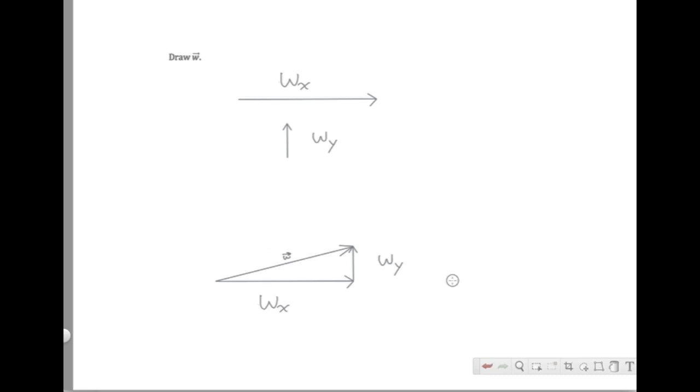Now, of course, there's a different way we could have done this. Instead of drawing wx first, we could have started with the wy vector. Then we could take the wx vector and have the wx vector start where the wy stopped.